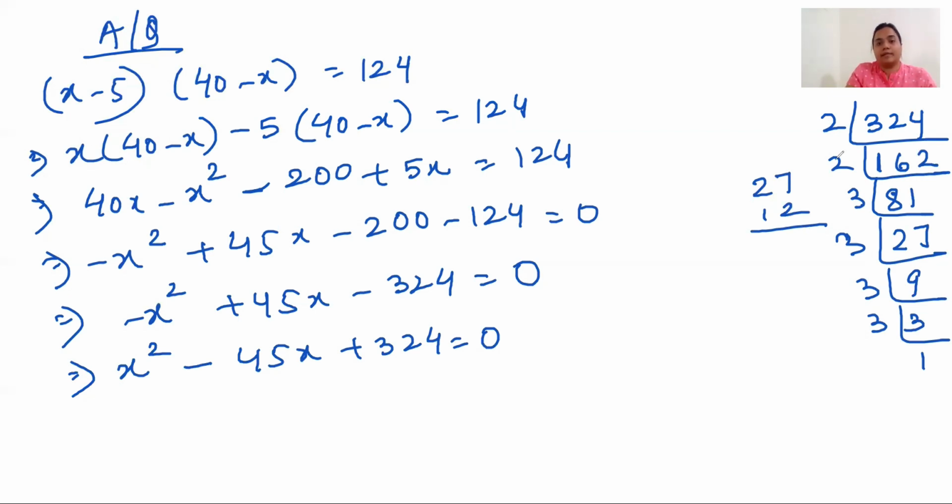No, we have to add. 3 sixes are 18. 3 threes are 9, 9 twos are 18, 18 twos are 36. Yeah. So 36 plus 9.